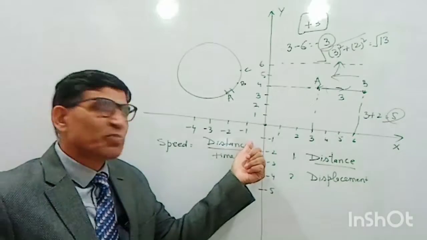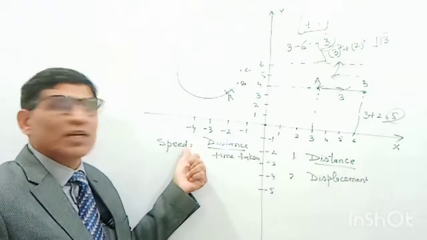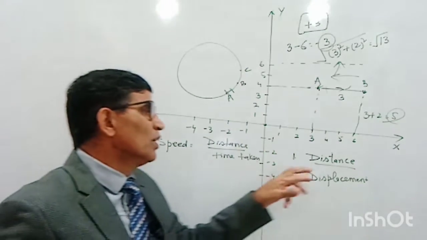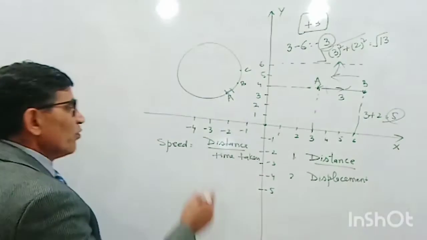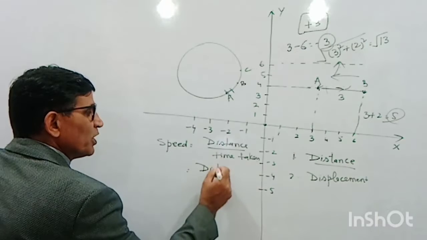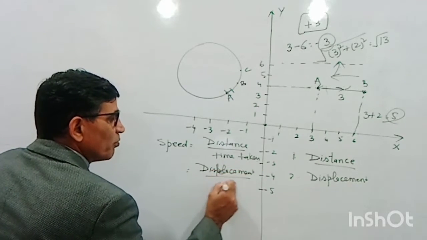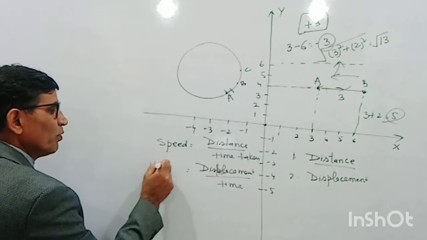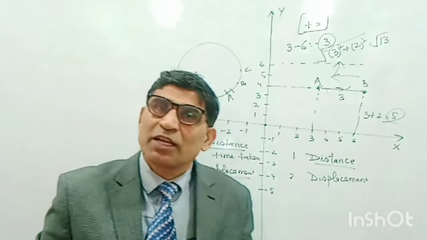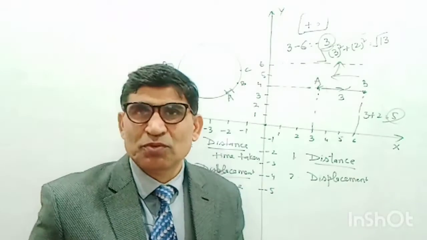Just like distance cannot be negative, speed also cannot be negative. In the same way, when we divide the displacement by time, displacement upon time, that will be velocity. So displacement can be negative, can be 0. Similarly, velocity can be negative, can be 0.